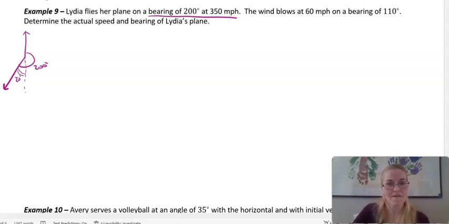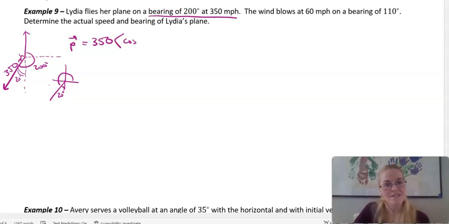And so 350 is her magnitude, in miles per hour. For the plane, we'll let that be p. The plane has 350 times cosine of its angle. So what is its angle? If I'm thinking direction angle theta, and that right there is a 20 degree reference angle, that means over here I've got 70, because 70 and 20 makes 90.